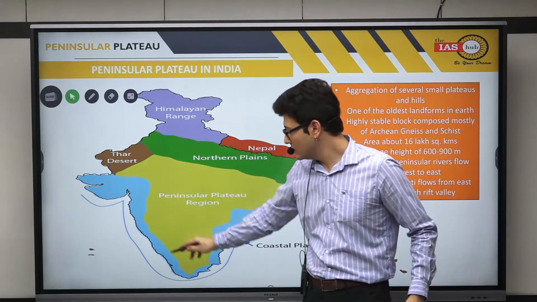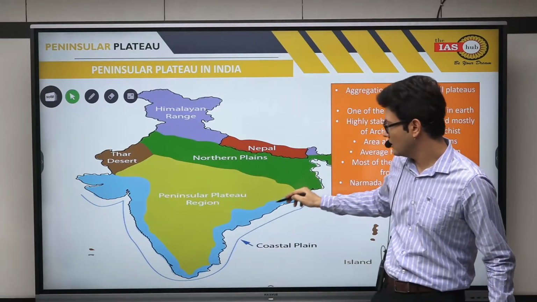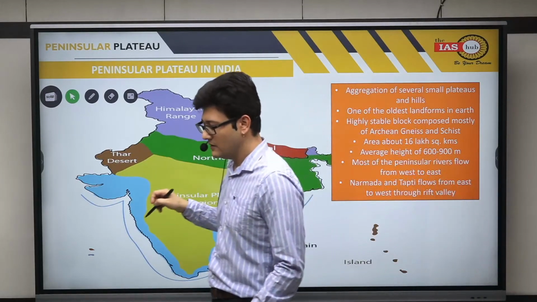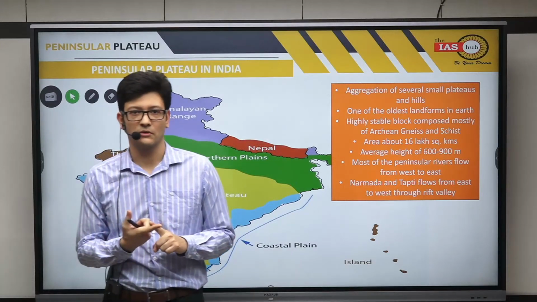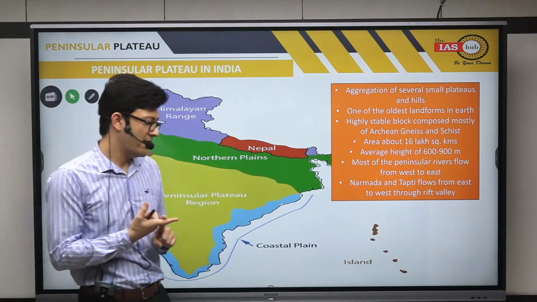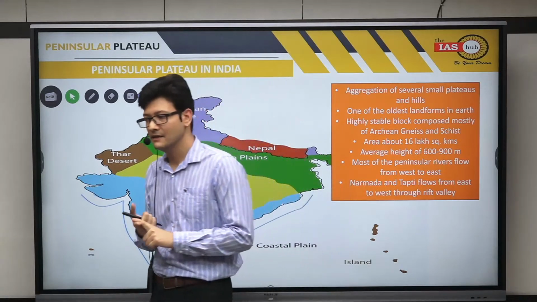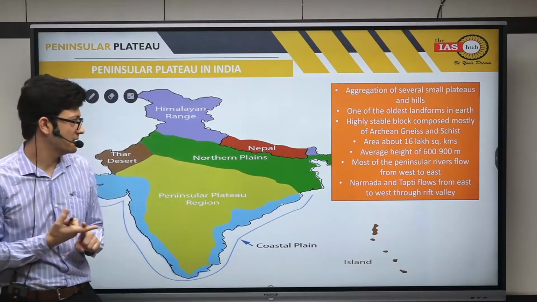Then we have the coastal plains covering it on all sides, and inside this Peninsular Plateau region also, we don't have any single plateau. This region is divided among several small plateaus and several small hills, and it consists of different characteristics.